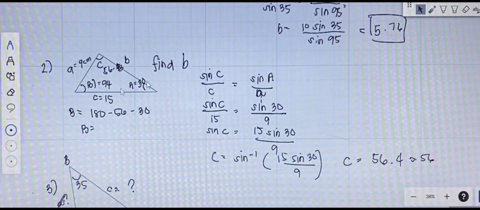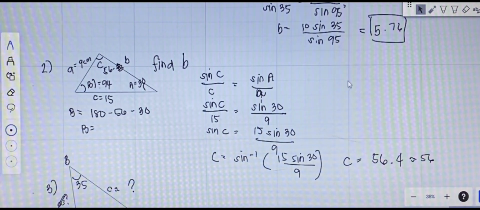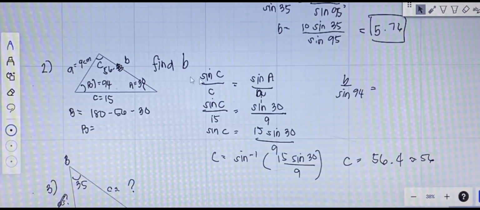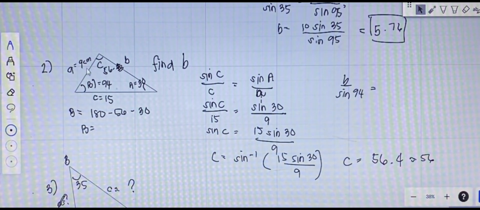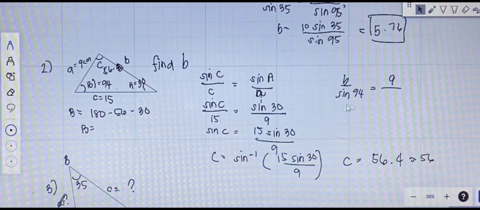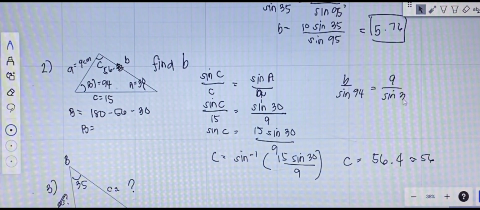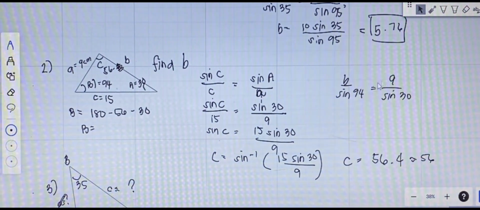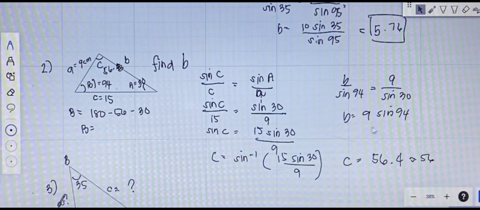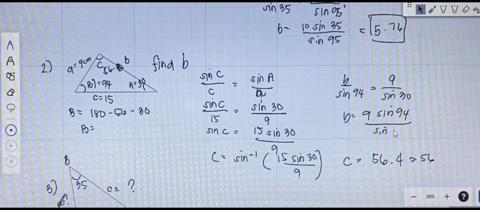So now let's find b. So b over sine 94 is equal to, let's use a, which is 9, over sine 30. So just multiply 9 and sine 94. b is equal to 9 sine 94 divided by sine 30.